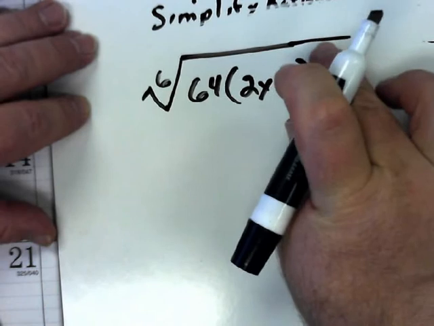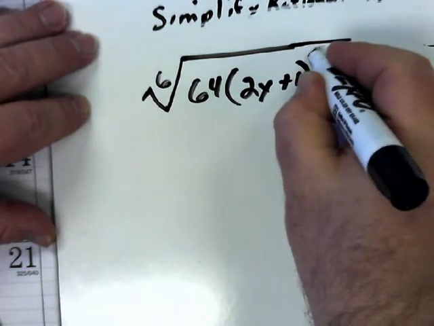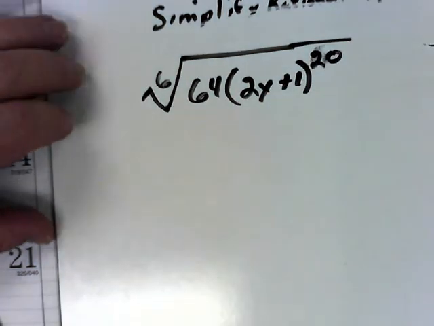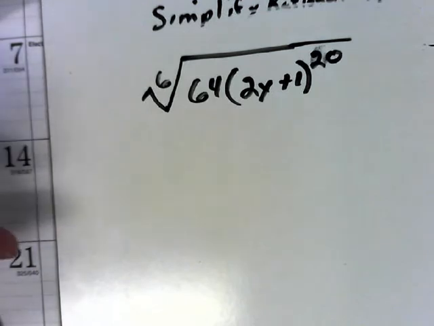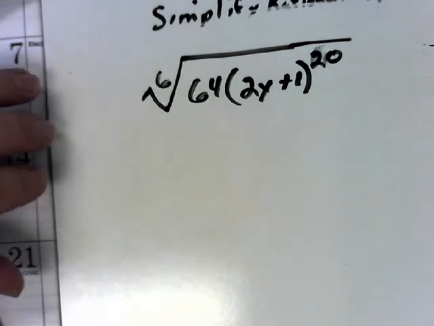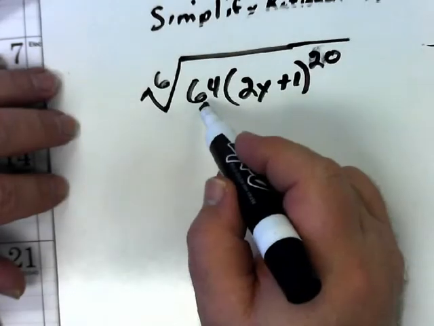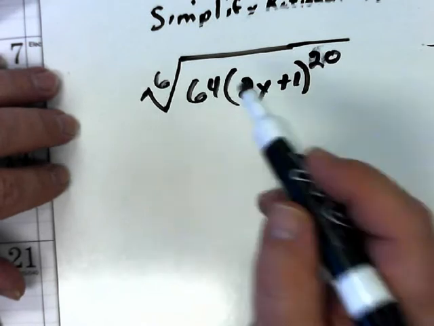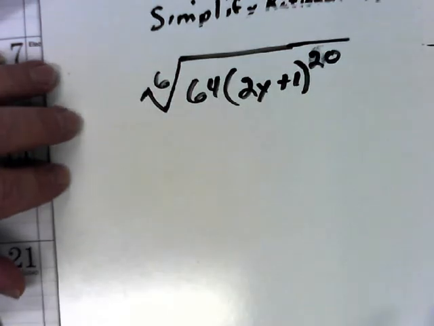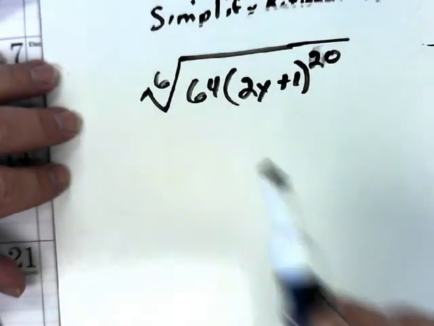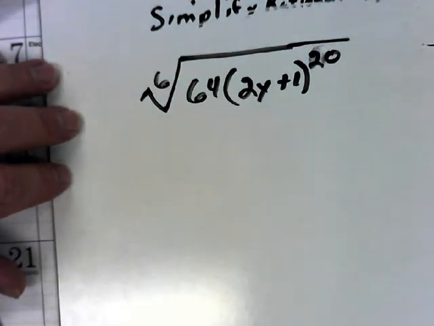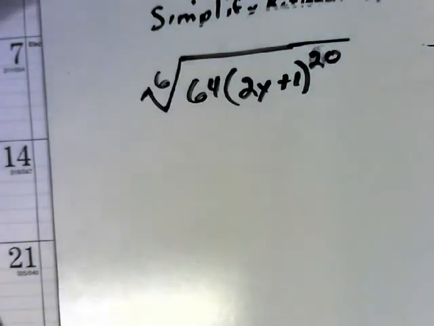We're going to change that from the 18th to the 20th. What is the simplest factors that I can find out of 64? 8. But I'm working with a 6th root. I could take 2 times 2, which is 4, right?